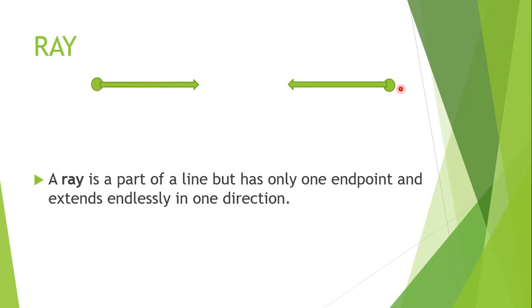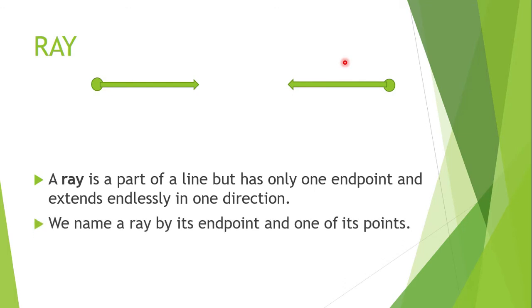The other figure, nandito yung endpoint niya, nag-extend siya sa left. So we name a ray by its endpoint and one of its points. If you're going to name a ray, focus on the endpoint and then tignan na kung anong point ang gusto mo na nasa ray.